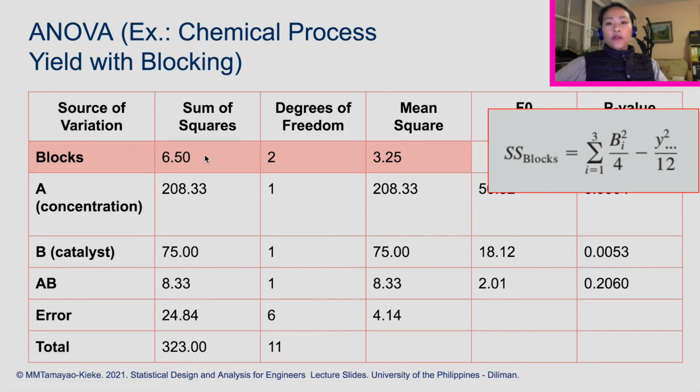And to compute the sum of squares of the blocks, we just take the square of each sum of observations per block divided by 4, for all blocks, and subtract the square of the grand total divided by 12. Now the error, as you can see here, is actually equal to the sum of squares without blocking minus the sum of squares of the blocks.